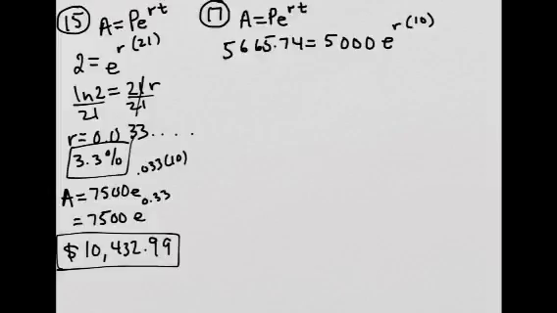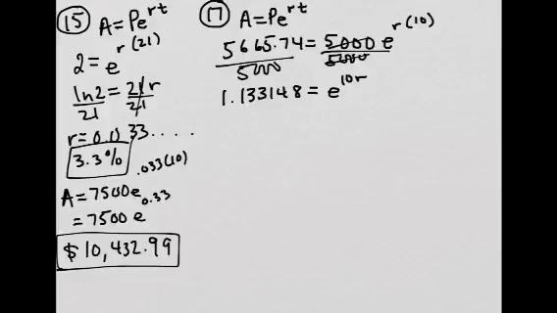So on 17, you're missing the annual percent rate and the time to double. So first we have to find out the rate. We know that after 10 years you have $5,665.74, starting with 5,000. So we divide both sides by 5,000 to isolate the e. When you divide the left side, you get 1.133148.